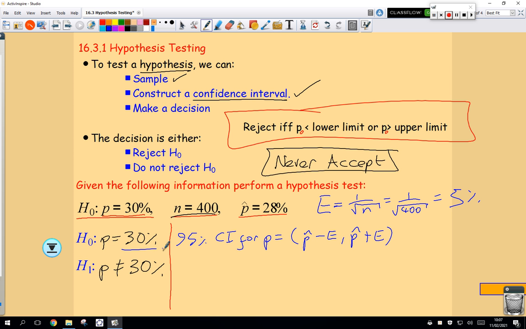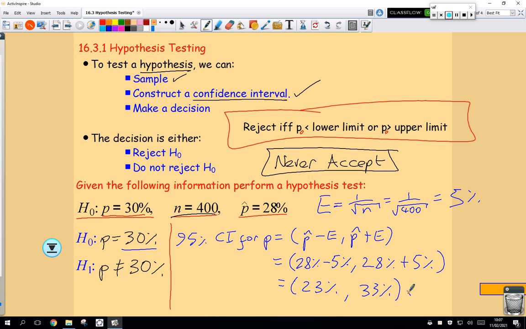My margin of error here is 5%. Following my formula for the confidence interval, I'm going from P hat 28% minus 5% all the way up to 28% plus 5%. So my confidence interval for the proportion is going to be from 23% up to 33%.